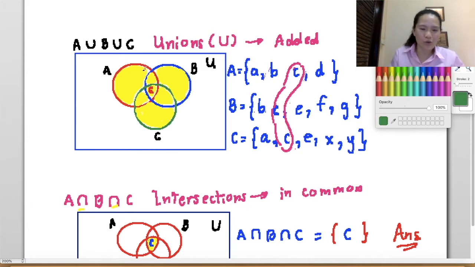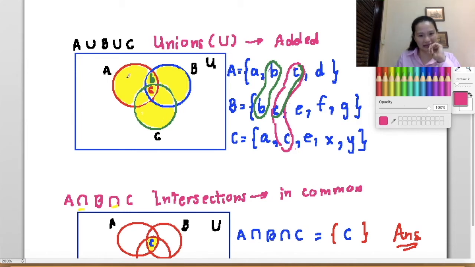Now I find out next: I want to know what the members of A intersect B are. I know that they have C in common here, and I know that they have B in common here. Just B, so I write down B here. Next, what is the member that is common with A intersect C?